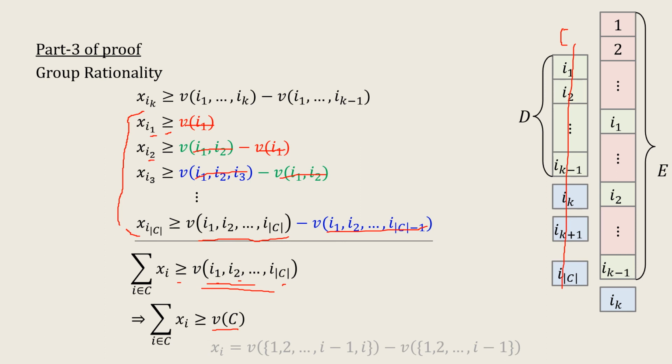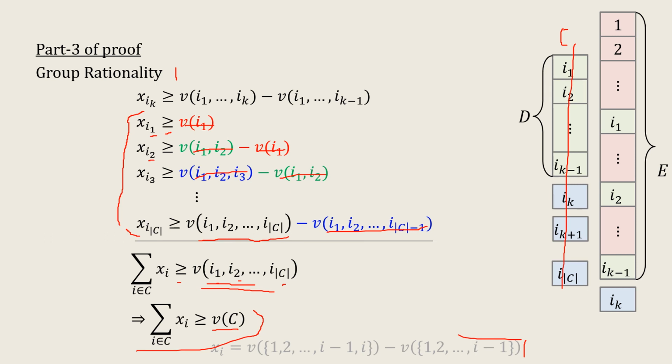And this inequality here I just showed is basically group rationality. In other words, I showed that if we form x's in this manner shown here in gray, then group rationality is valid. Whence I have completed my proof.